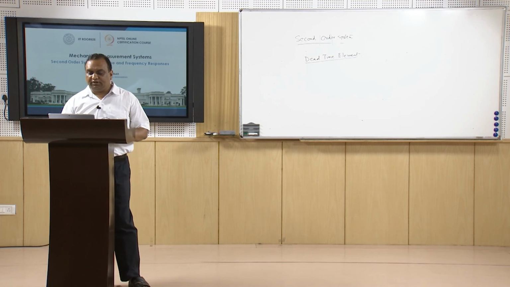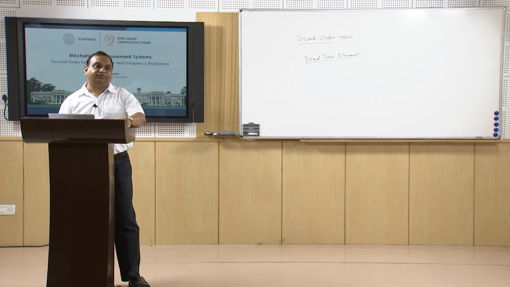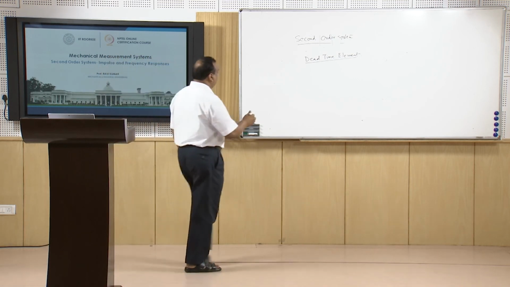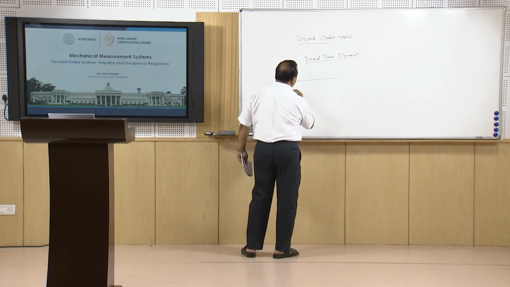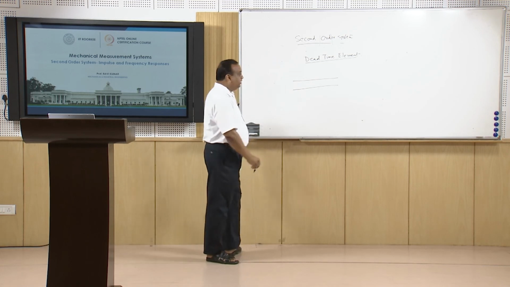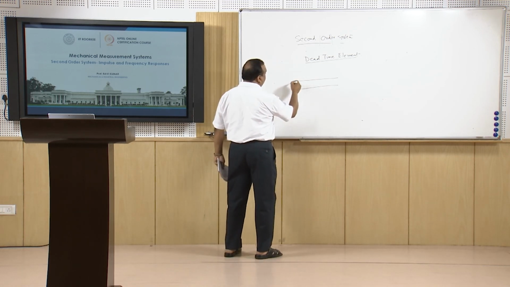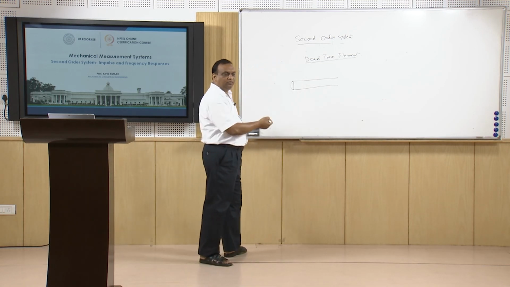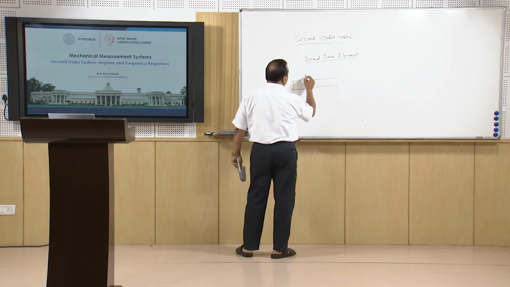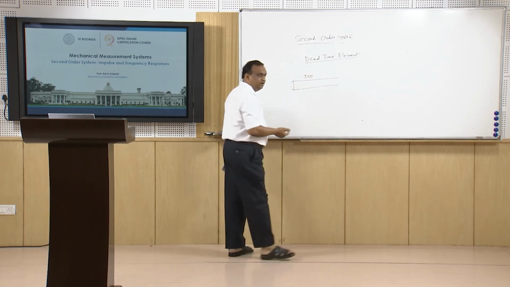For example, there is a pneumatic system. Suppose there is a tube filled with air, and the tube is pressurized here. The air pressure is exerted here, and the length of the tube, let us say, is 350 or 360 meters.